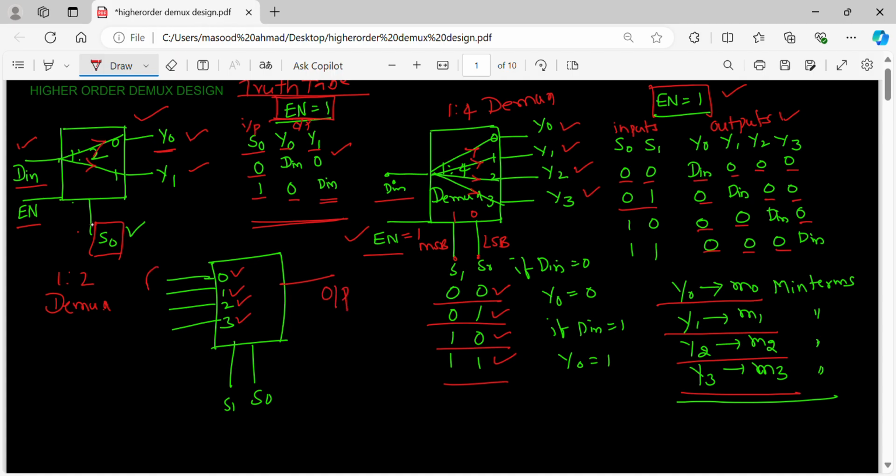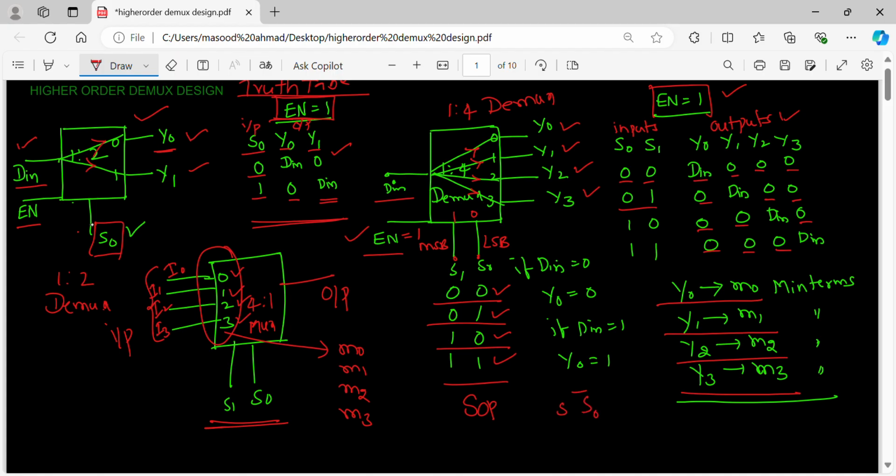These are the set of inputs I have, which we call I0, I1, I2, I3, right? S0, S1 are the selection lines. What is this? It is a 4:1 mux. This 4 corresponds to min terms M0, M1, M2, M3. What is a min term? We know, it is a product term. From S0, S1, this is S0 bar, S1 bar.